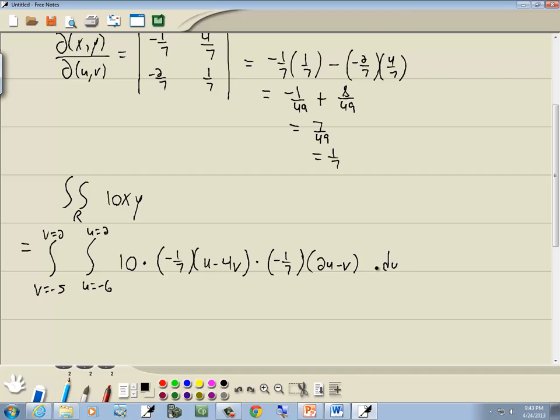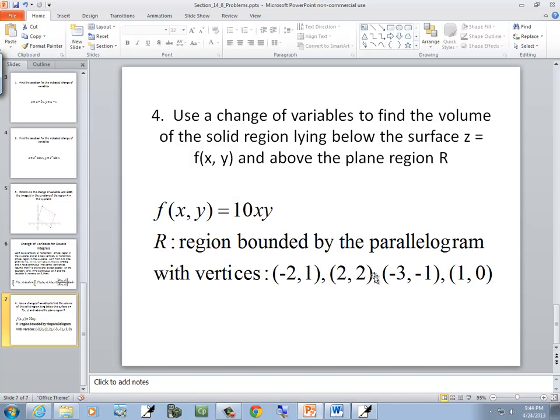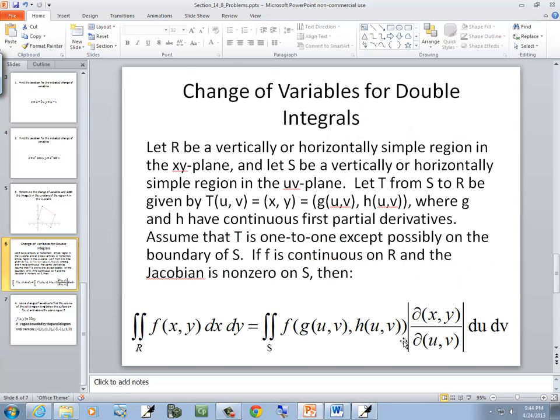Then times our Jacobian, then our du dv. Now, where does the Jacobian go? If I come up here, that's what this is right here. The Jacobian goes in there.